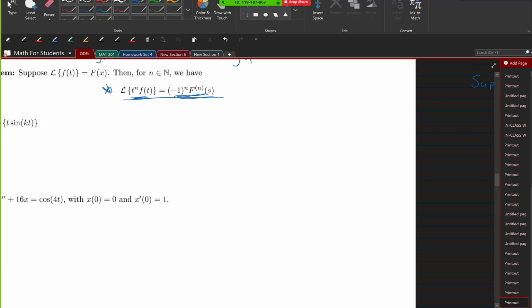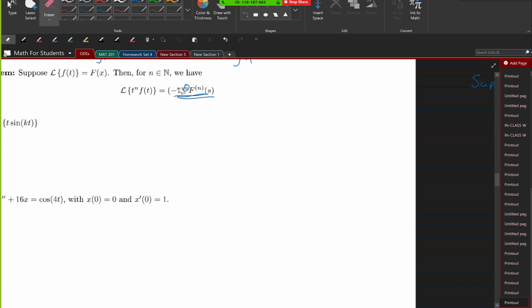But it says that if you take a power function times f of t, you get -1 to the degree of that power times the nth derivative of your Laplace transform.